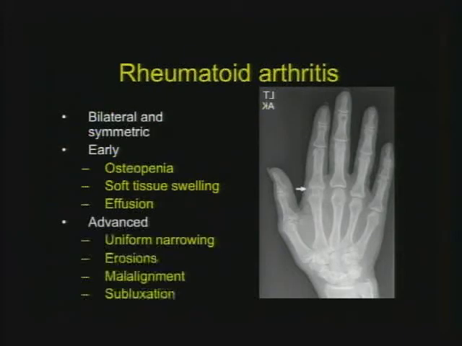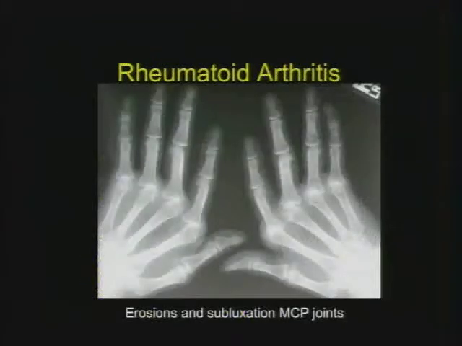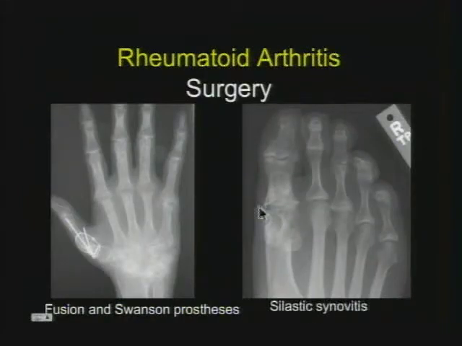And I think most of you know the bilateral symmetric osteopenia and soft tissue swelling, which is usually fusiform around a joint rather than lumpy bumpy like gout. And the malalignment and subluxation and erosions and uniform narrowing are classic. And here's the ulnar subluxation with the erosions of the MCPs without involvement of PIP or DIP.